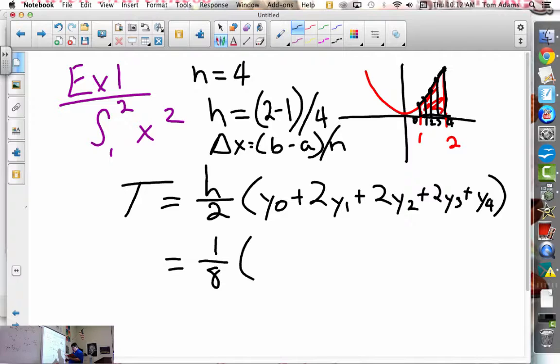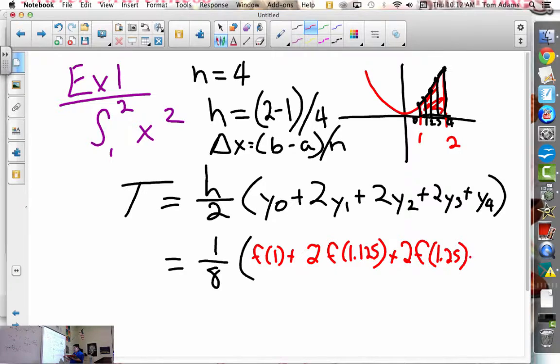Well, 1/8 is a decimal, and so I need to evaluate f of, the first value is 1, so I need f of 1 plus 2 times f of 1.125, and then plus 2 times f of 1.25 plus 2 times 1.